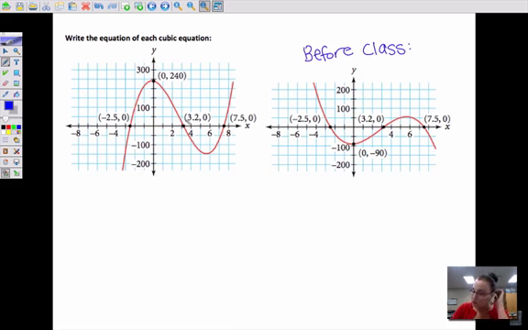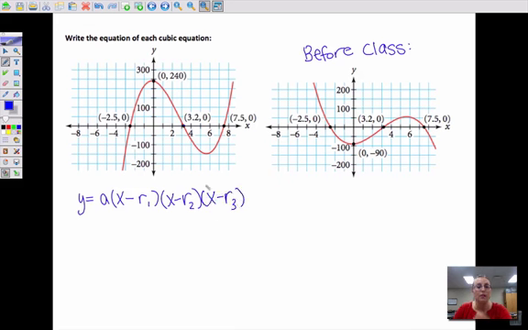So here's the basic idea. It's a cubic. We know that, and so that means we're going to have our three factors, and they do give us the y-intercept here, which is going to help us. I'll explain how in a minute. So we know that our equation is going to be of the form a times x minus the first root, x minus the second root, and x minus the third root.